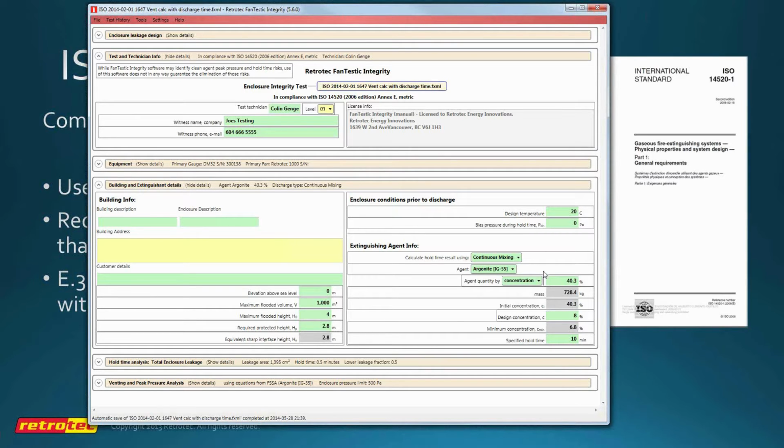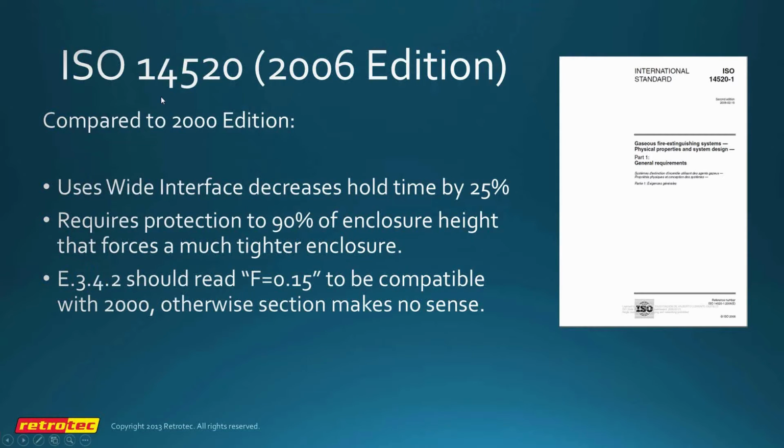So how the ISO standard or the ISO formulas calculate this wide interface is by putting in what they call an artificial equivalent height, and thereby establishes the appropriate place in the middle of this so-called wide interface, which is currently in effect.